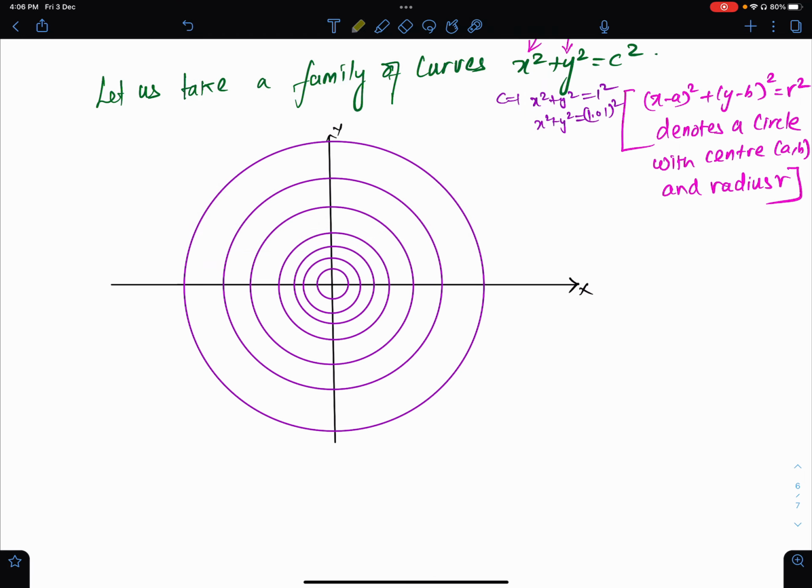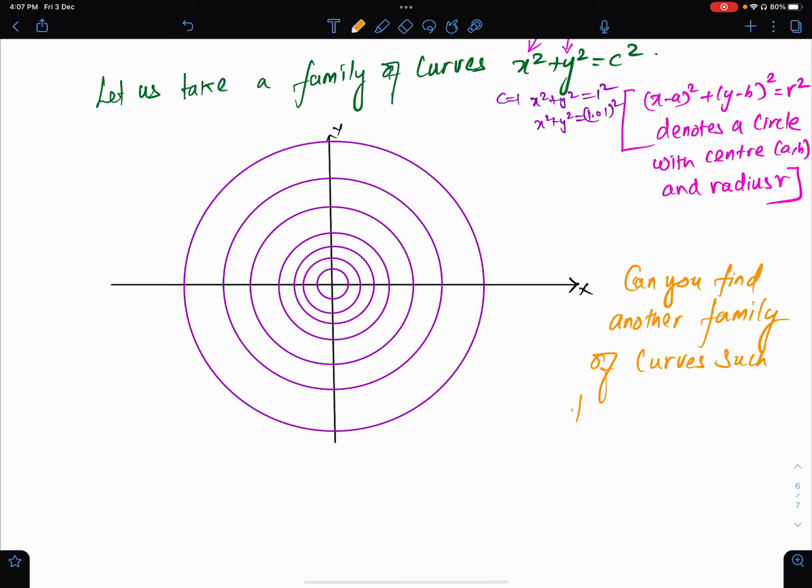Okay, the question is, how can I ask the question? Can you find another family of curves such that it will intersect the given family of circles at right angles?